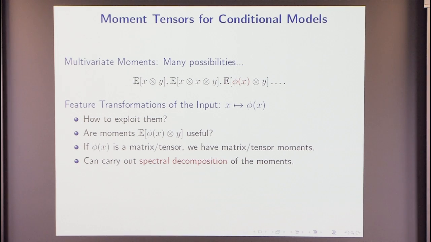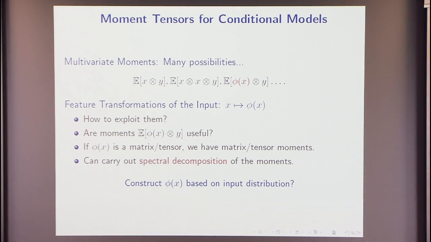This is a different take on feature learning, because we want to think of learning features first, in order to construct these cross moments between those feature transformations of the input and the label, and then exploit them for learning these conditional latent variable models. What we'll see is that it's very useful to construct these feature transformations based on the input distribution.